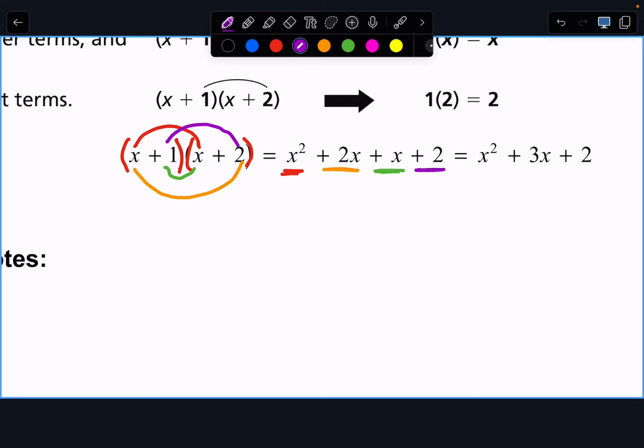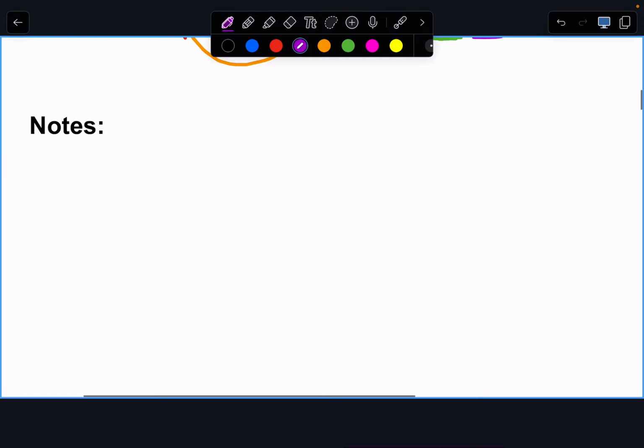Everybody in the first binomial has to be multiplied to everybody in the second binomial. Math teachers came up with a four-letter word to help you remember how to do this: FOIL.